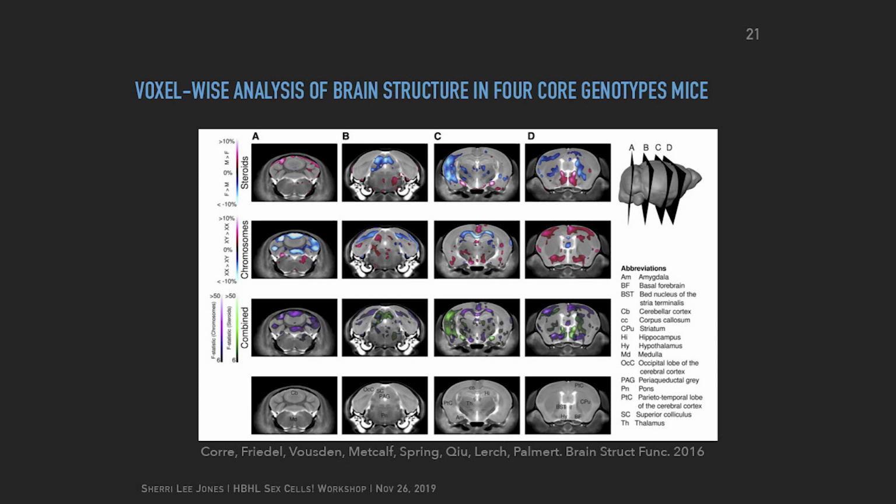This top panel up here is showing the effects of sex steroids on different brain structure volumes. Here it's showing the effects of chromosomes on the brain structure volumes. Here it's showing the combined effect of the sex steroids and the chromosomes, controlling for training in the spatial navigation task. And then this bottom panel is just like your atlas showing what the different brain structures are.